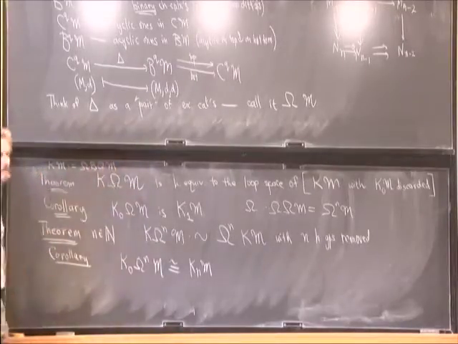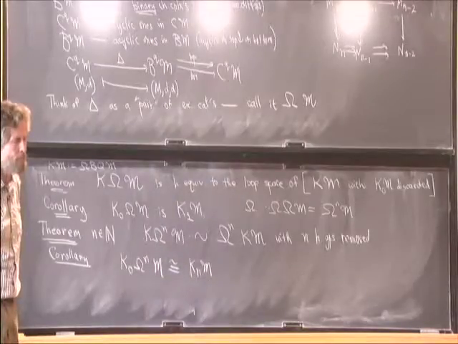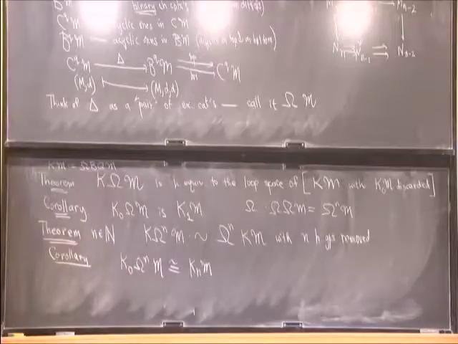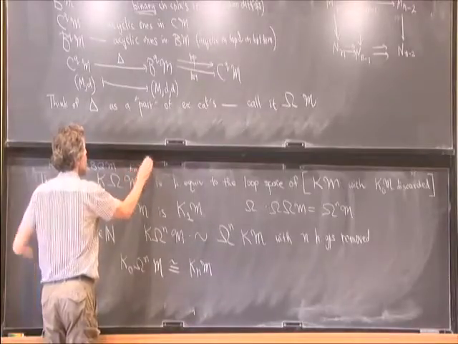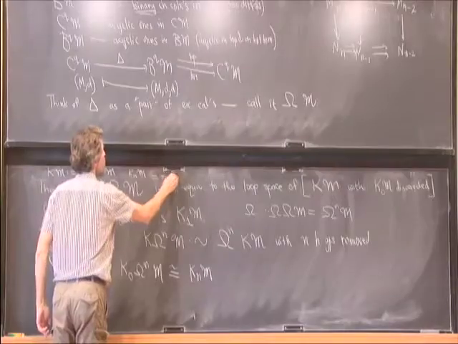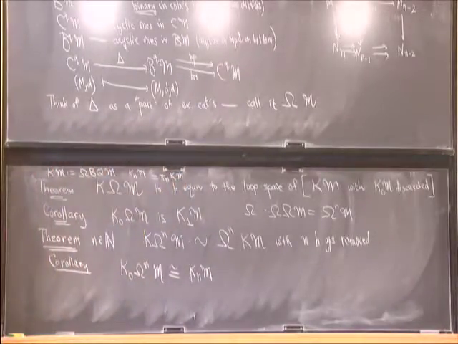It's this topological space. So it's the space whose homotopy groups are the K groups. So Kn of M is pi n of the space K of M. That's how the indexing works. So I'm talking about the space.